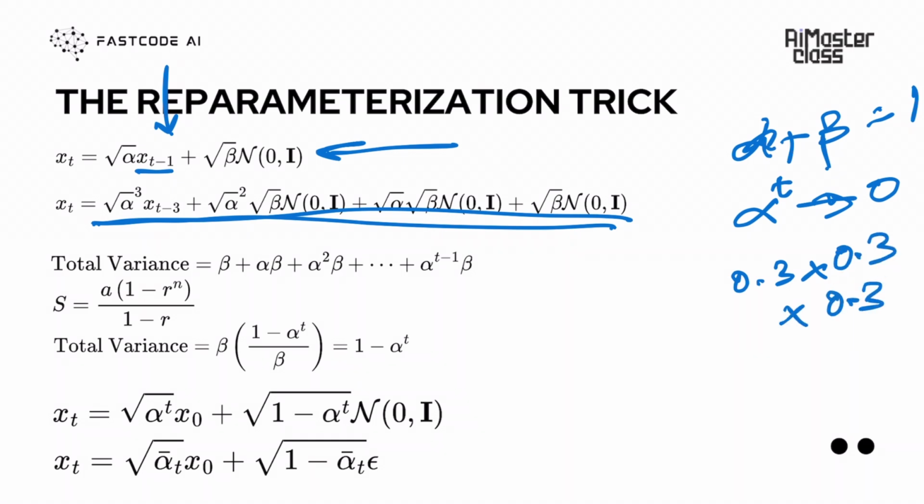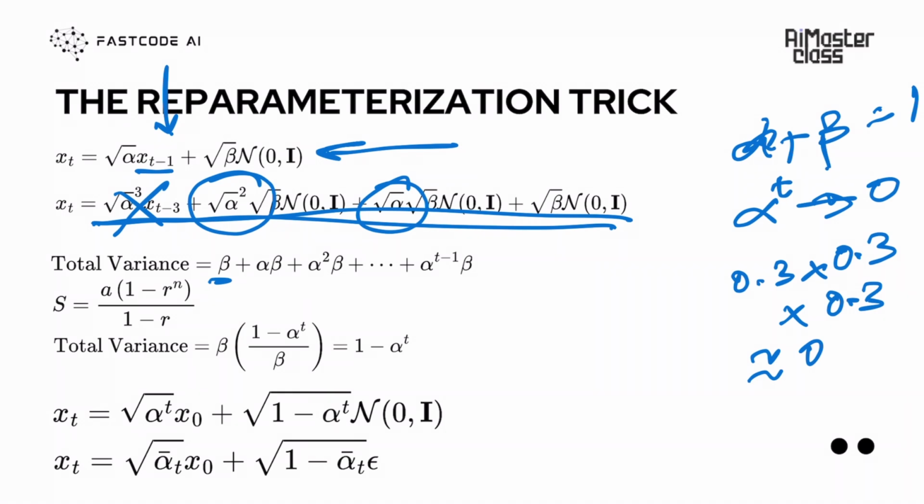It is then almost equal to 0, so we ignore this term. But for the rest of it, look at the beta term. We take beta out, and then you have alpha square here, and then you have alpha here, you have alpha square here, and so on.